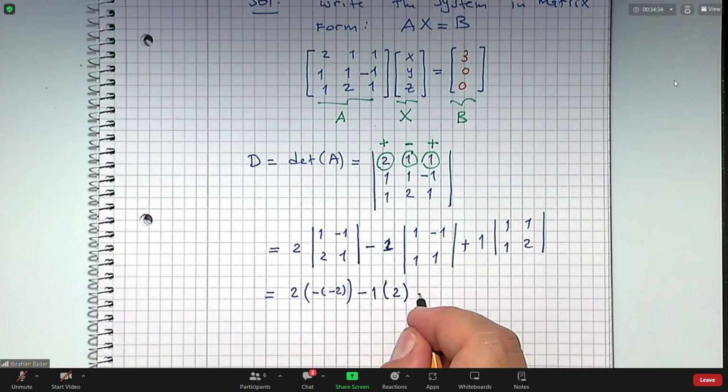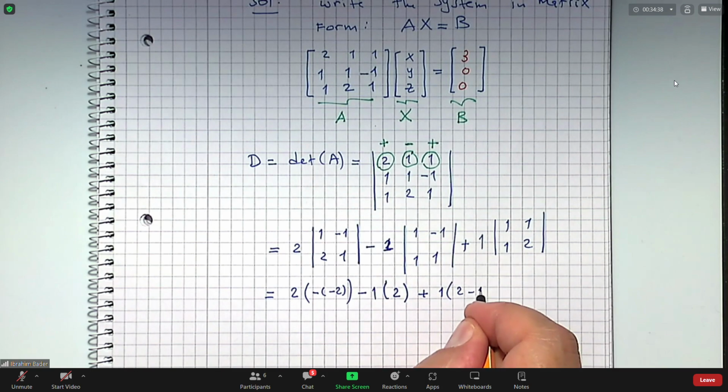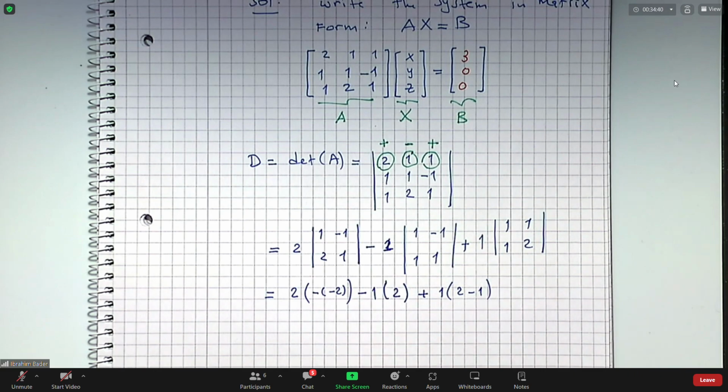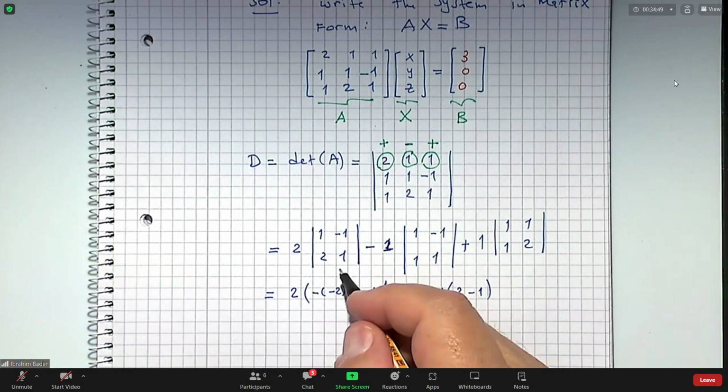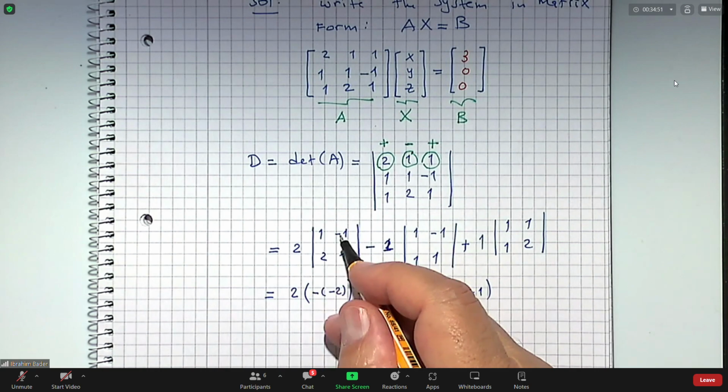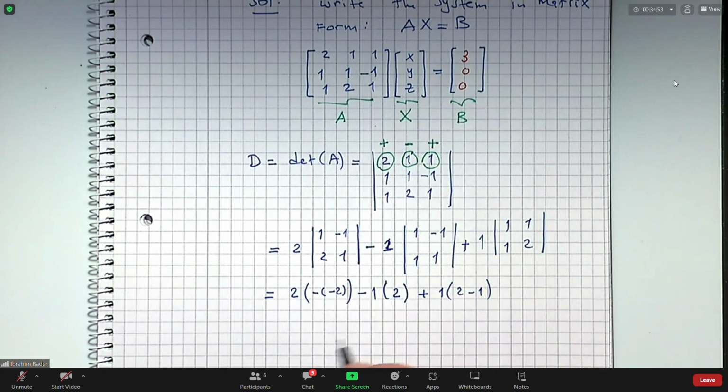And here I got 1 times 2 minus 1. I hope we didn't make any mistake there, right? So here again 1, negative 2, so it's 4. This is 4 minus 2 plus 1.